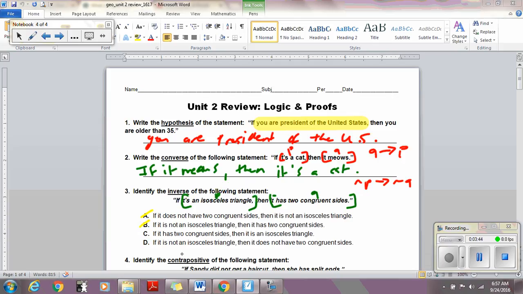C says if it has two congruent sides, again, that's Q. The sentence is supposed to start with P, but add the word not. So we can't use C. So our option by process of elimination would be D. If it is not an isosceles triangle, then it does not have two congruent sides.